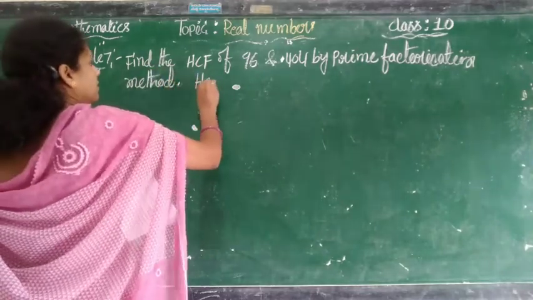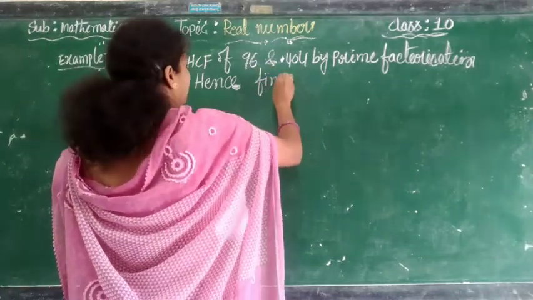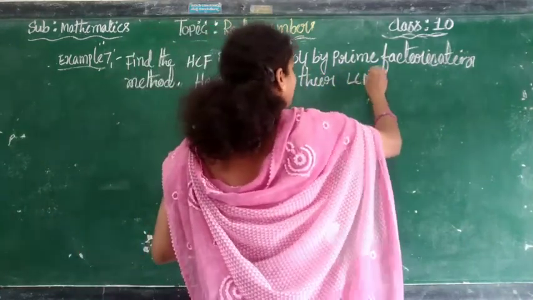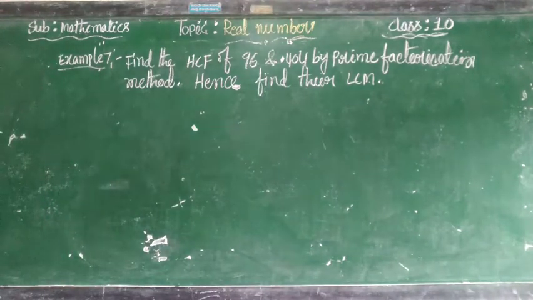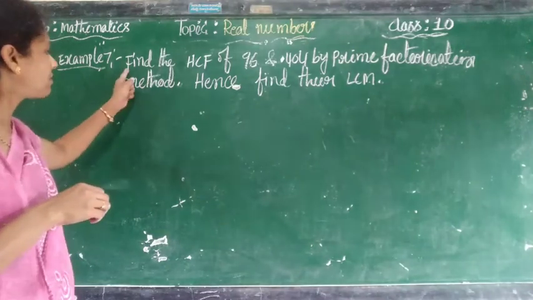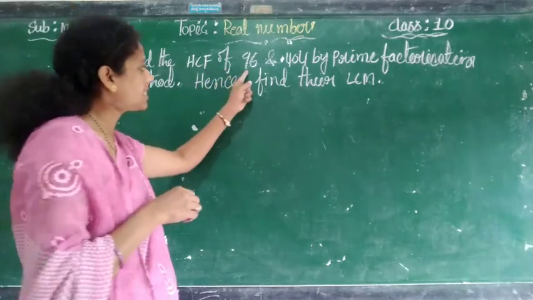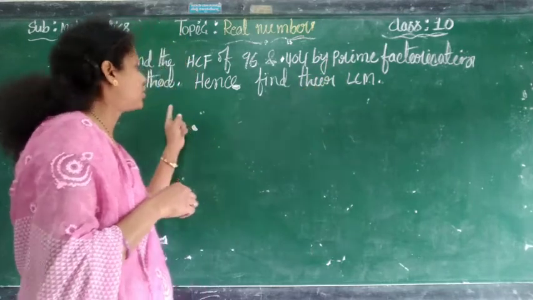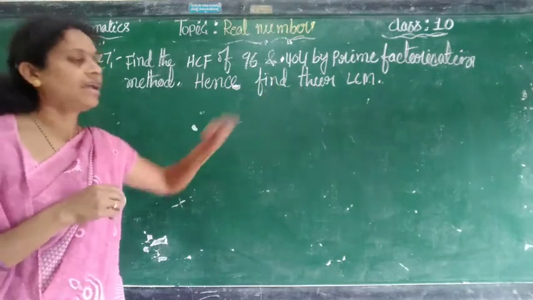Else find their LCM. So find the prime factorization of example 7. Find the HCF of 96 and 404 by prime factorization method and hence find their LCM.